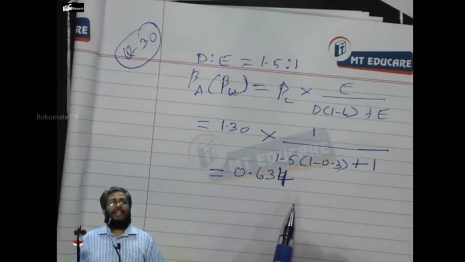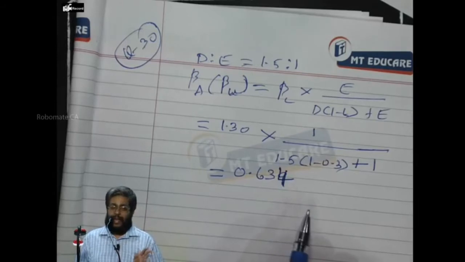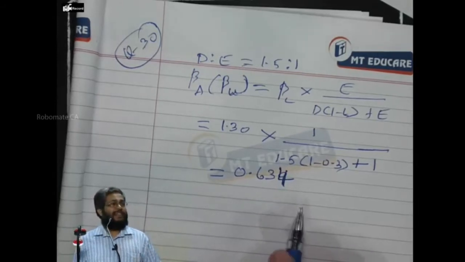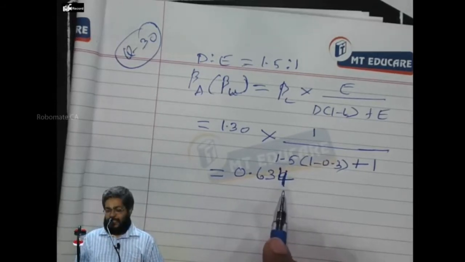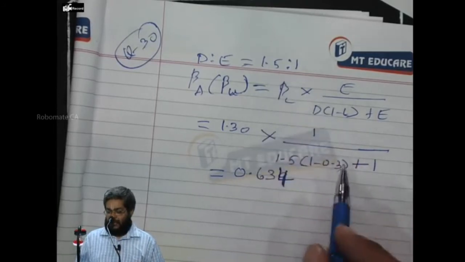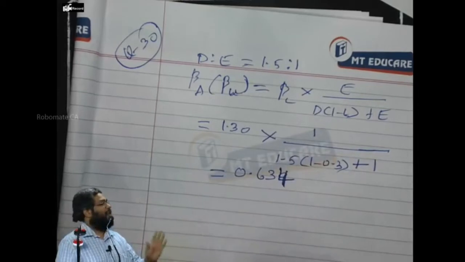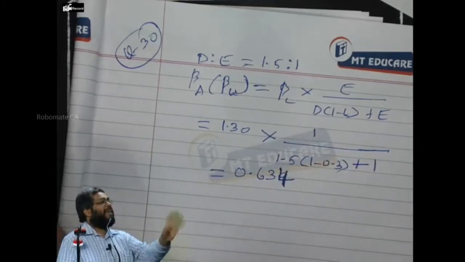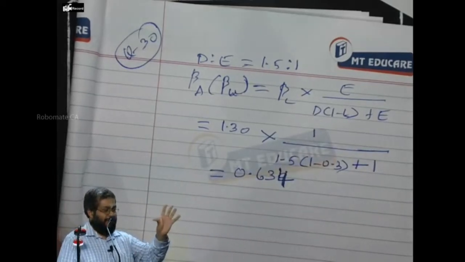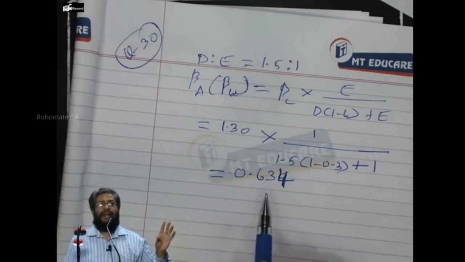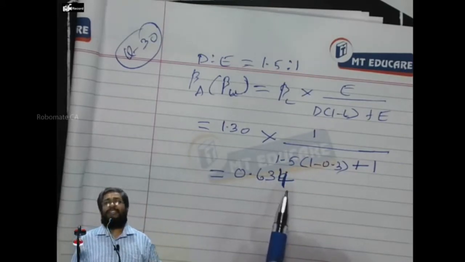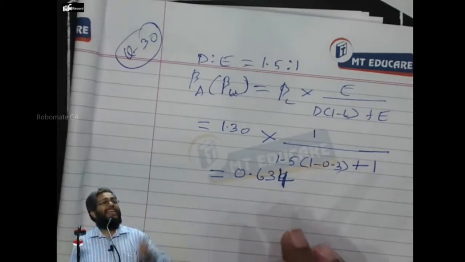This 0.634 represents what risk? Only the asset risk. This is called the asset beta. Why does this 0.634 beta become 1.3? Because of the use of debt. Very simple: when the market return changes by 1%, this company's return changes by 0.63% if the company is unlevered.